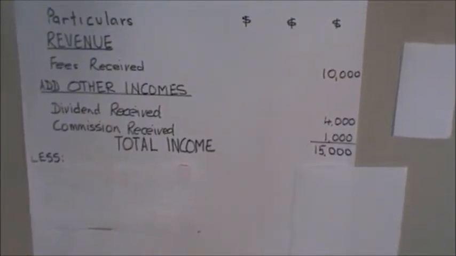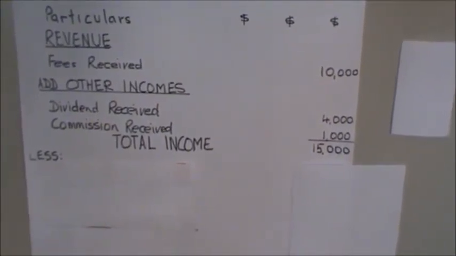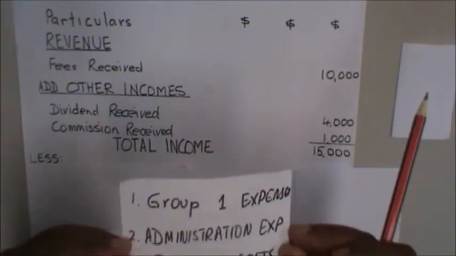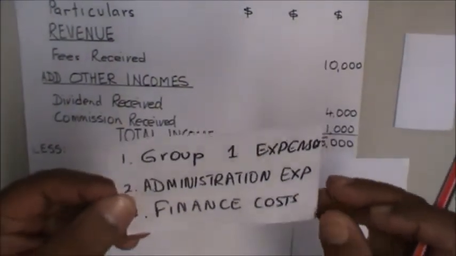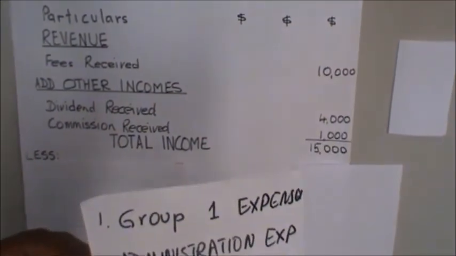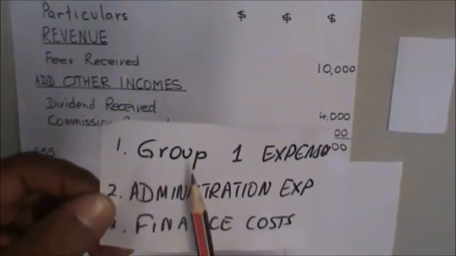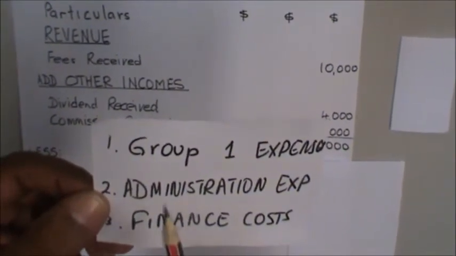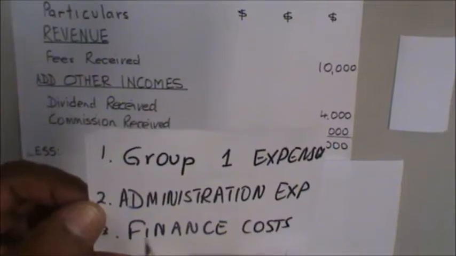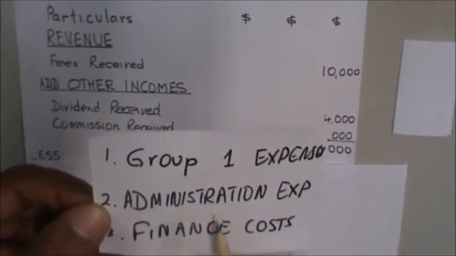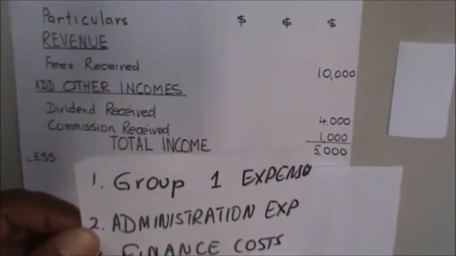From here, we're going to take away the expenses. If you remember, there were three expenses: the group 1 expense, the administration expenses, and the finance costs. There were three groups that we spoke about earlier on.